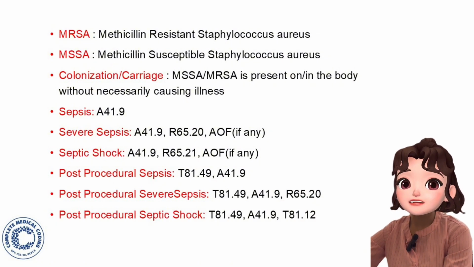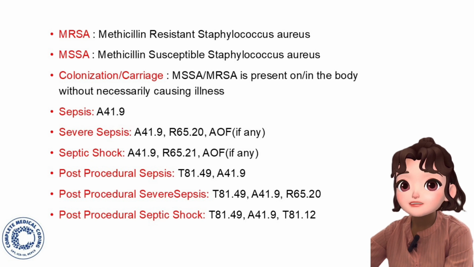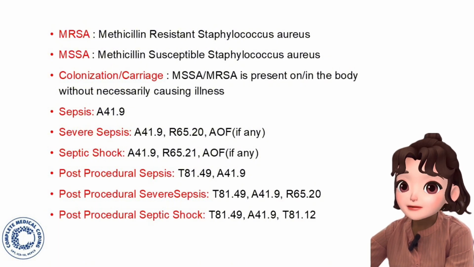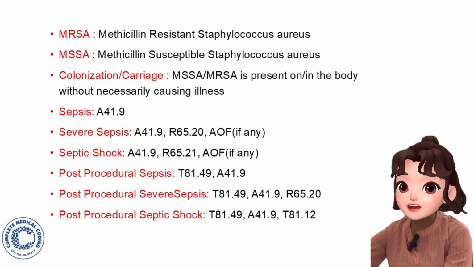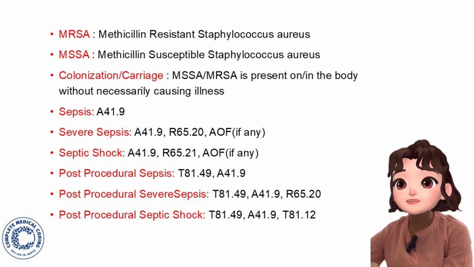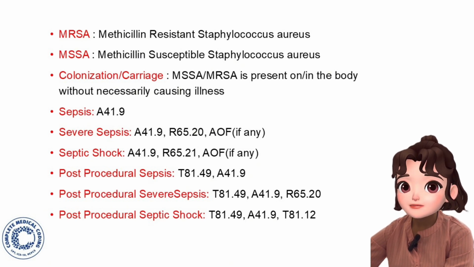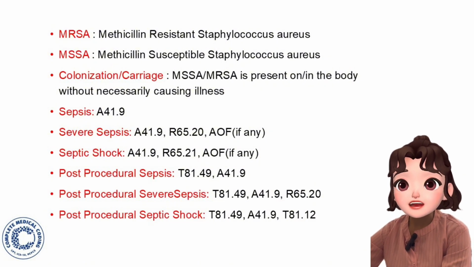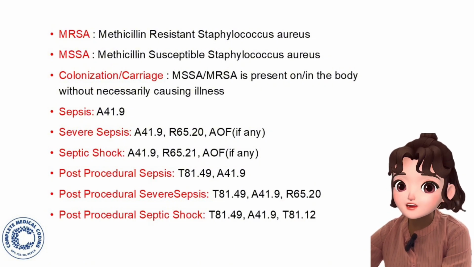So under sepsis it's only one code, A41.9. Under severe sepsis you have to code A41.9, R65.20, and acute organ failure, if any. If there is any acute organ failure, you have to code that also. R65.20 represents severe sepsis without septic shock.